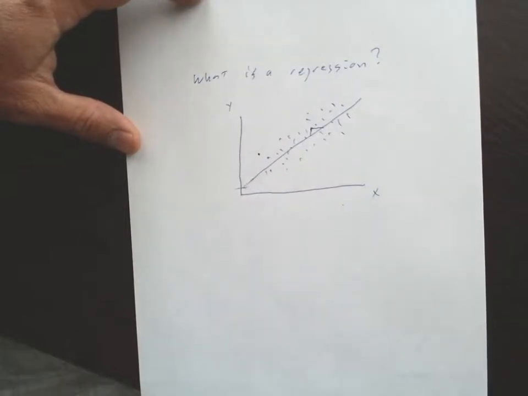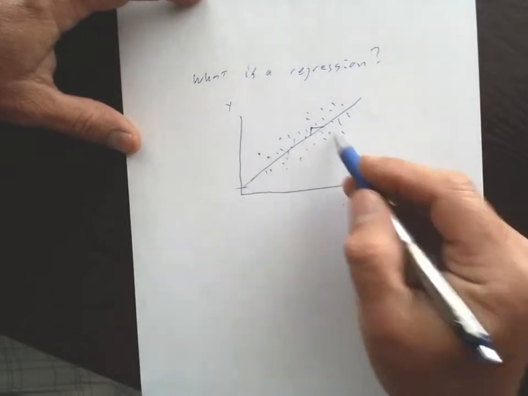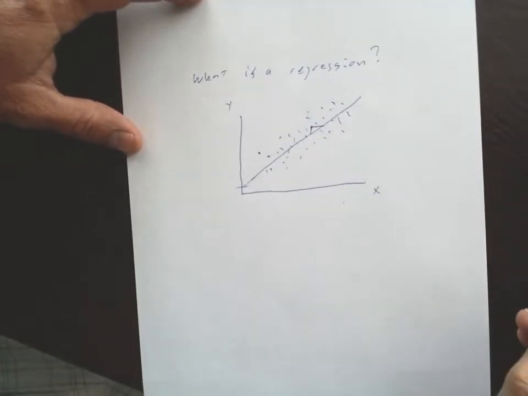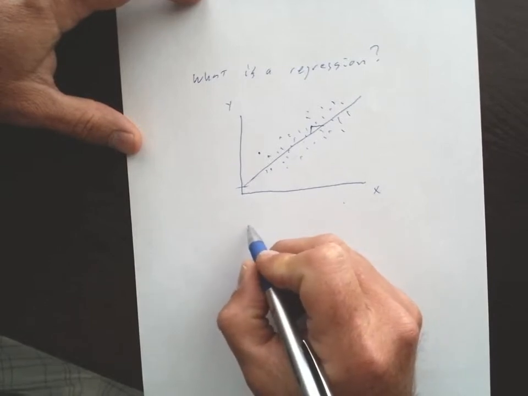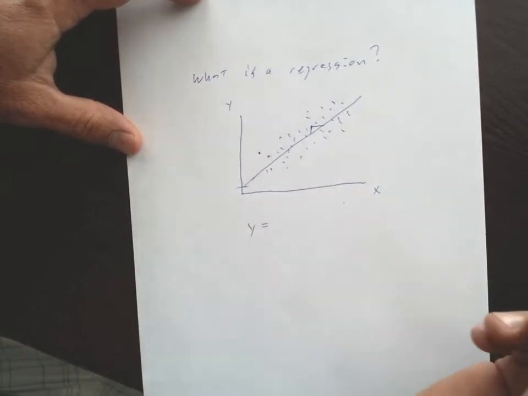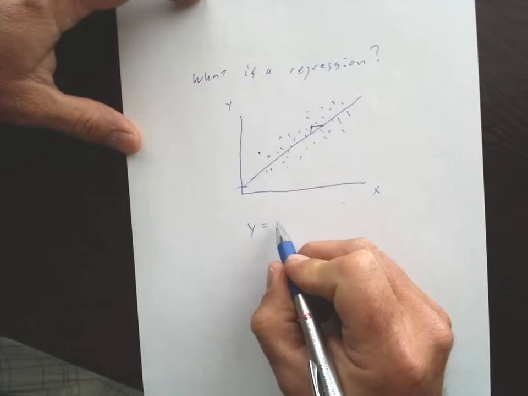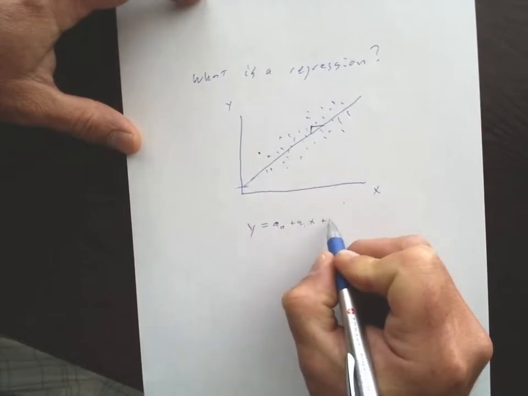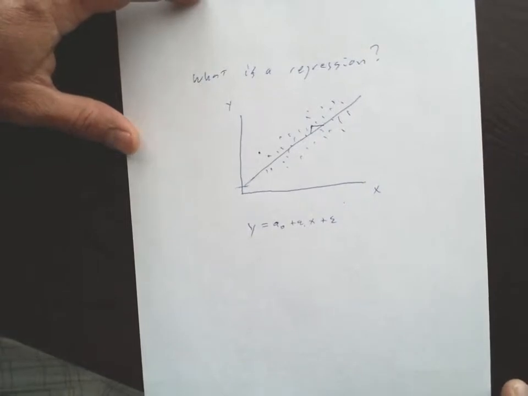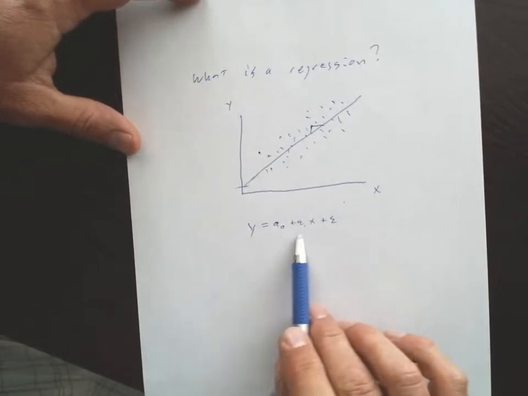In basic regression analysis, this can be mathematically represented as a linear function. Okay, and we know what that is.